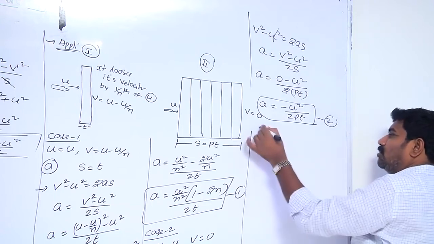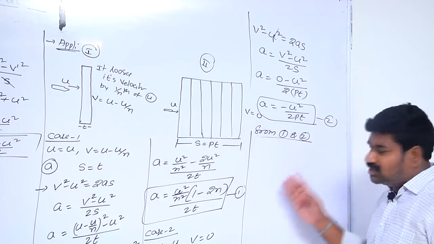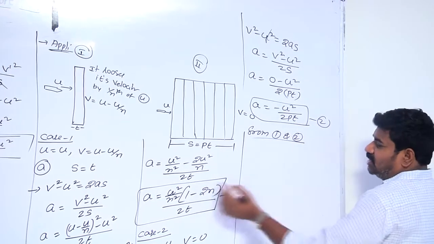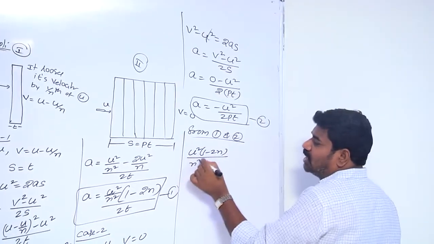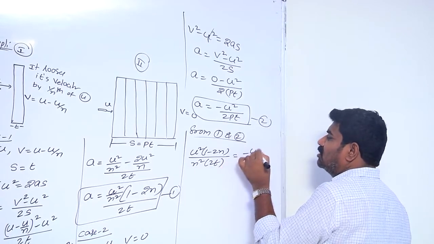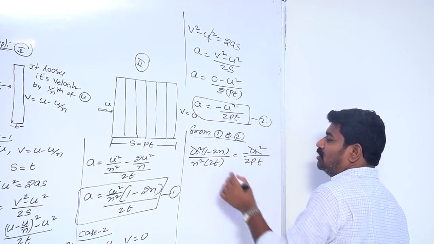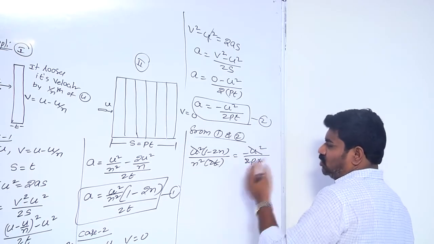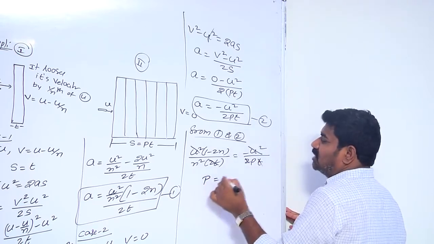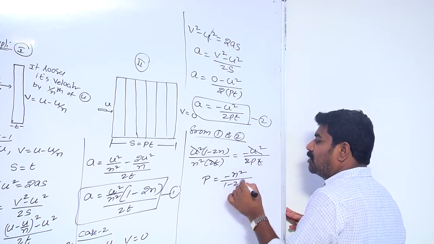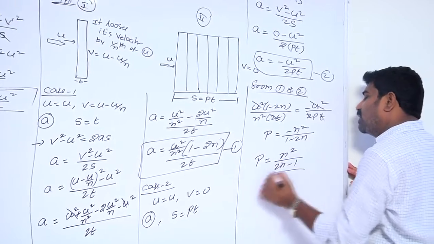From 1 and 2, both accelerations are the same. So u square into 1 minus 2n by n square into 2t is equal to minus u square by 2pt. The u square cancels and 2t cancels. So the number of planks p is equal to minus n square by 1 minus 2n, that is, n square by 2n minus 1.